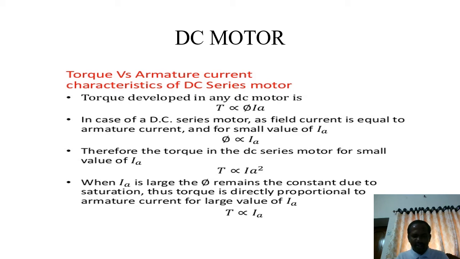When Ia is large, phi remains constant due to saturation. Then the torque is directly proportional to armature current.